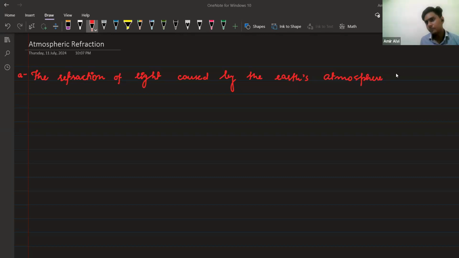Atmosphere having air layers of varying optical densities is called atmospheric refraction.